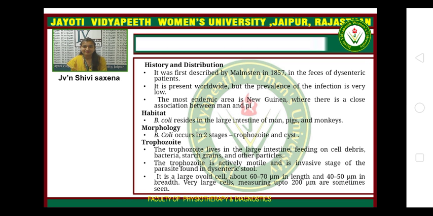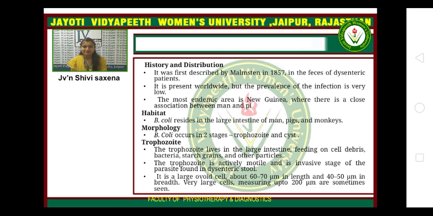The trophozoite is actively motile and is the invasive stage of the parasite found in dysenteric stool. It is a large ovoid cell about 60 to 70 μm in length and 40 to 50 μm in breadth. Very large cells measuring up to 200 μm are sometimes seen.